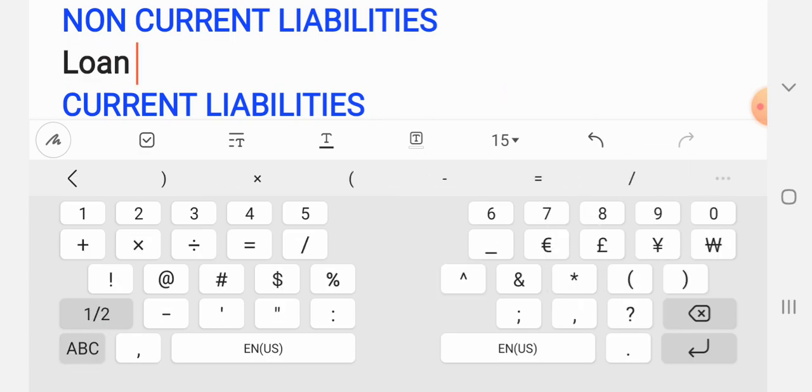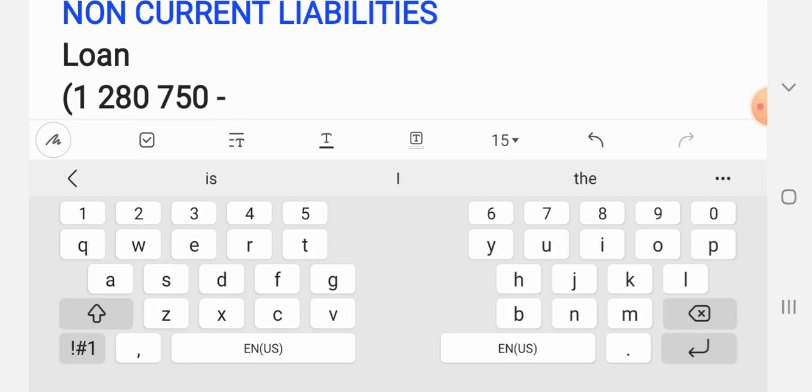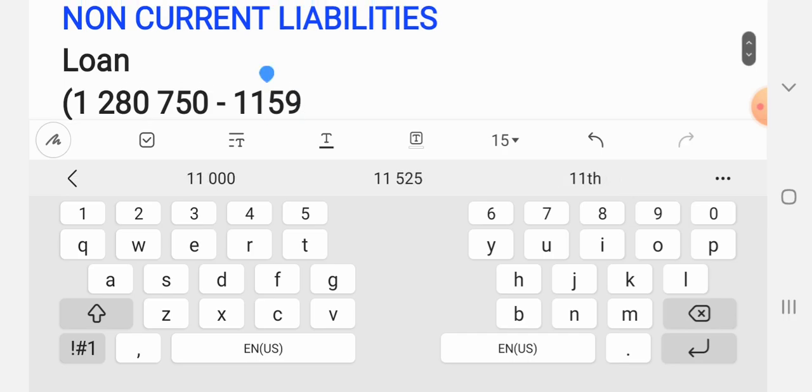You will take the loan balance for 2021 and then subtract the loan balance for this year. 1,280,750 subtract 1,159,000, which is for this year. The closing balance is written there on the financial statement.